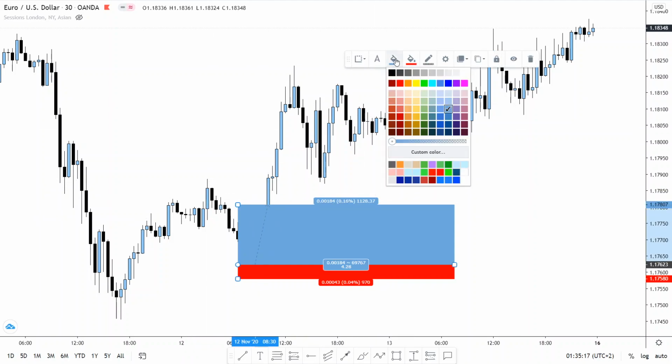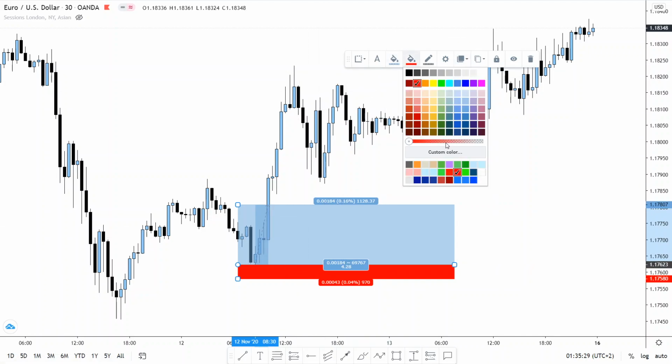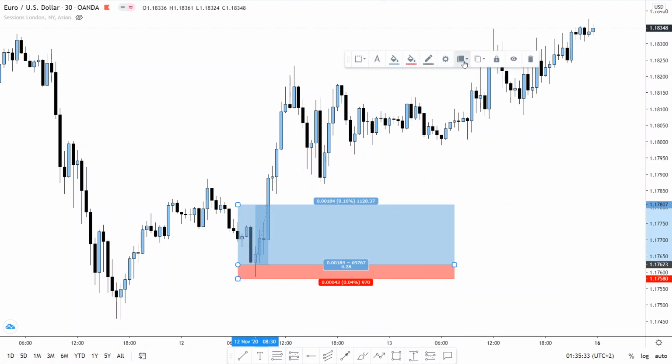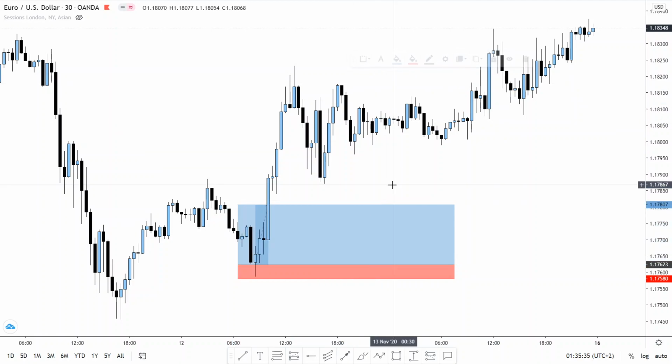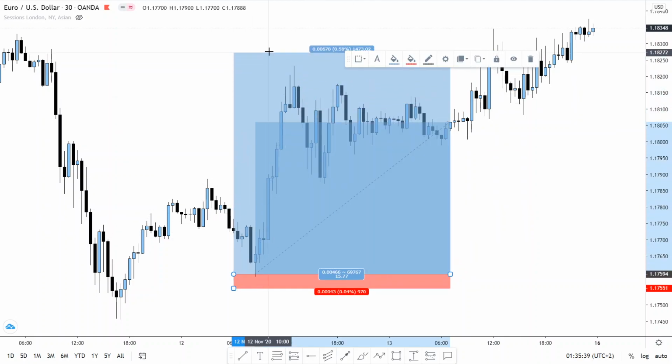So you can also reduce the opacity to 50% on each of these colors here, right? Reduce it to 50%, and then voila, this is what you get.